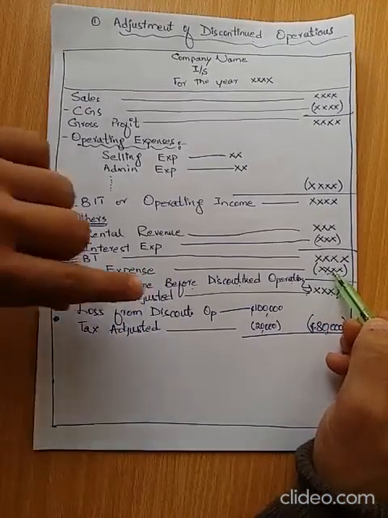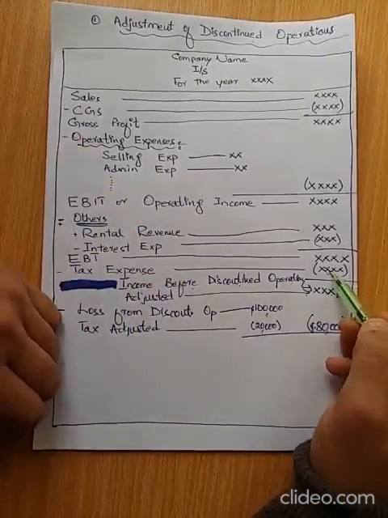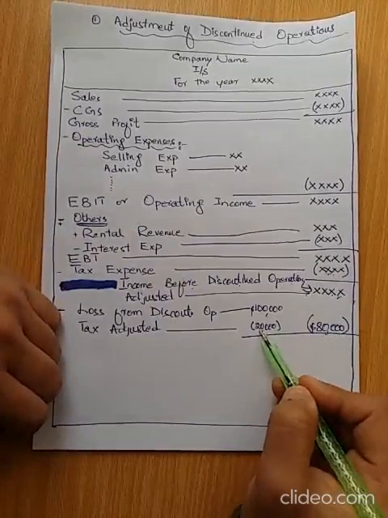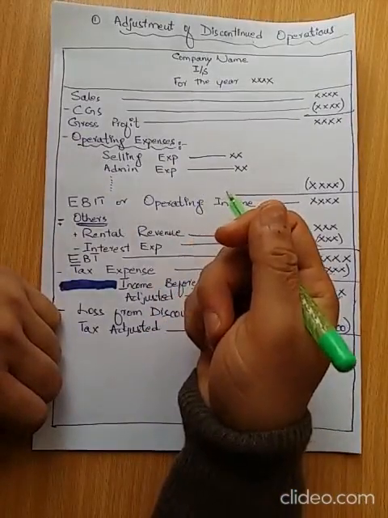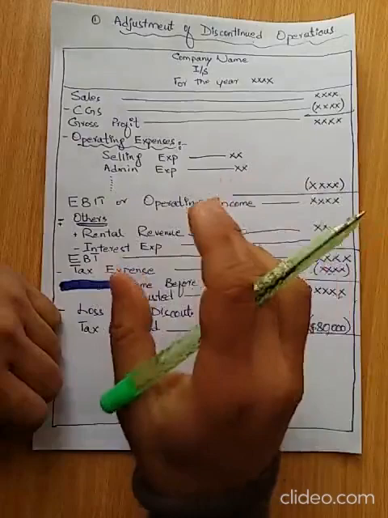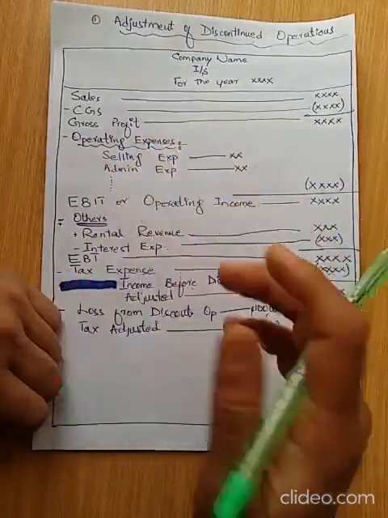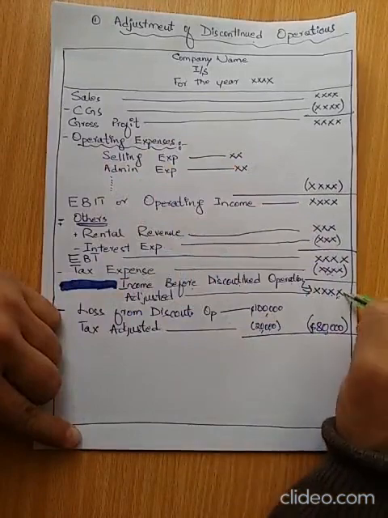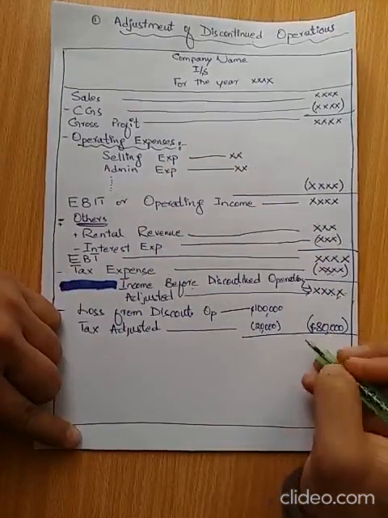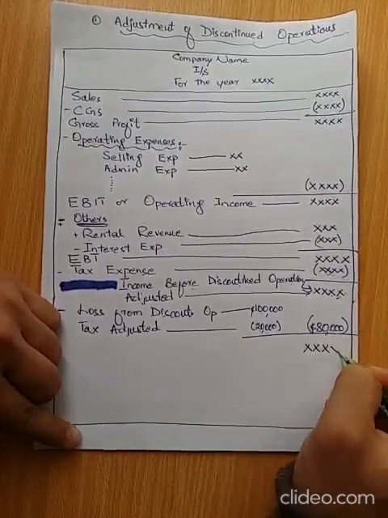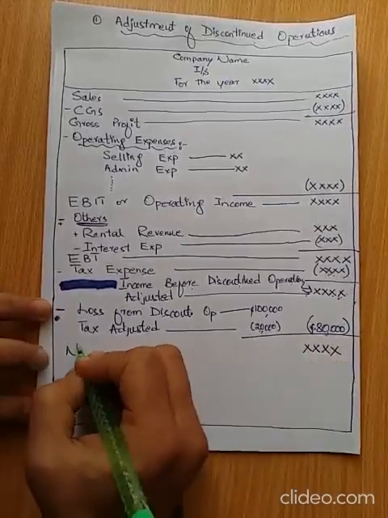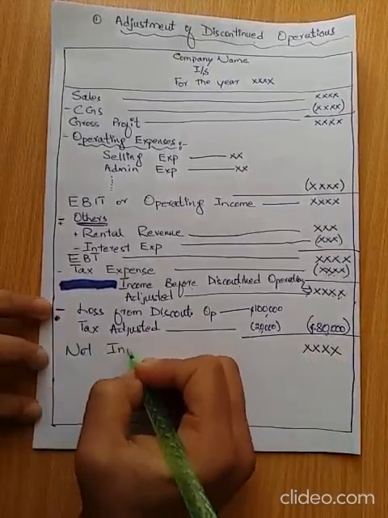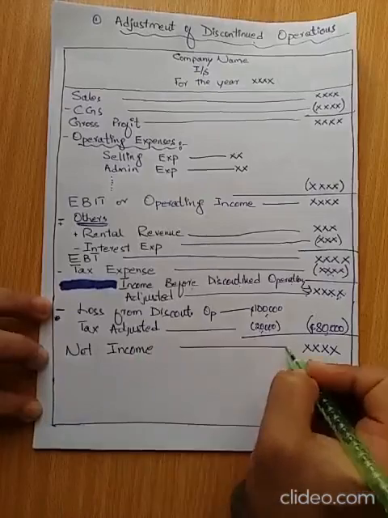What I will do is say, okay, 60,000 minus 20,000, the remaining 40,000 I will pay to the government because of the $20,000 tax adjustment. So this value, minus 80,000, whatever the remainder would be, eventually would be called the net income. Is it okay?